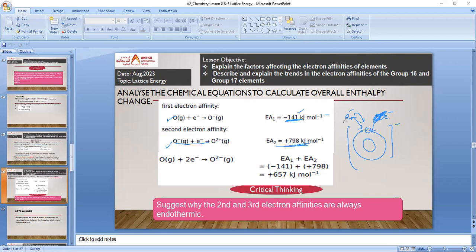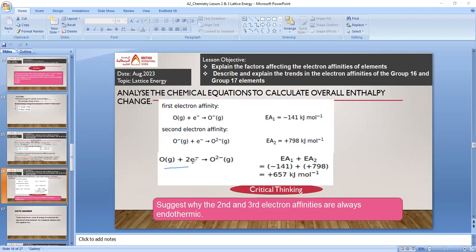For adding the second electron, we need to provide energy, so it is endothermic. For the first electron affinity, we don't need to provide energy because it is very easy for an atom to attract an electron. But for the second, we have to provide energy to the system. This is a very important question.